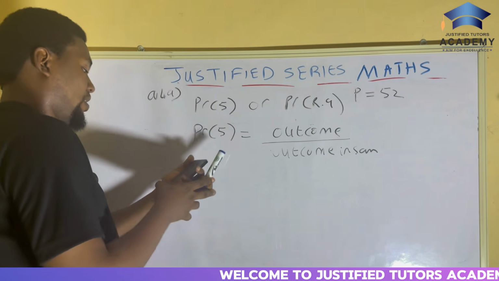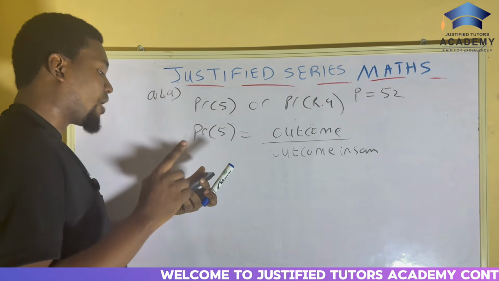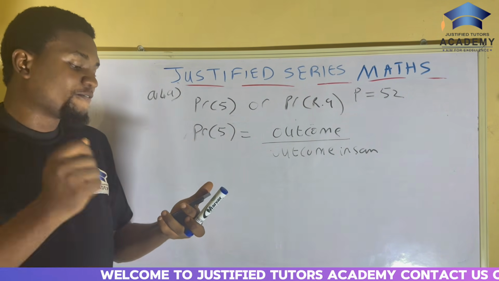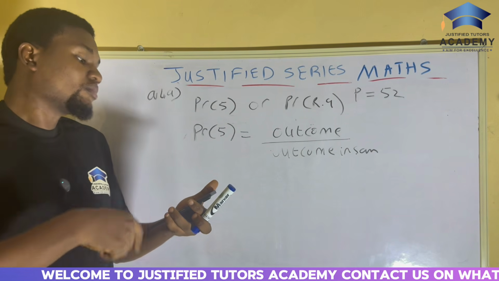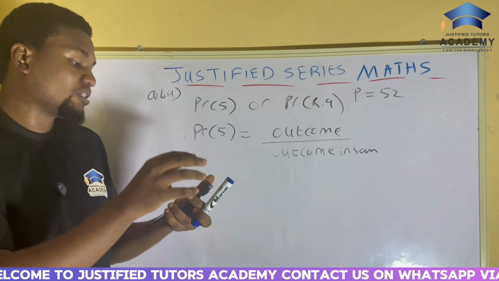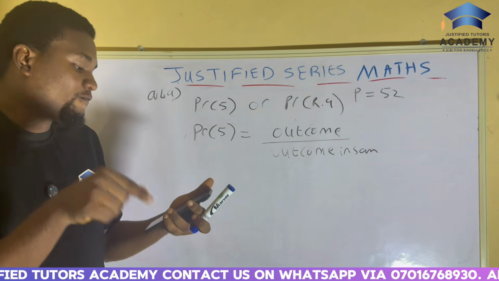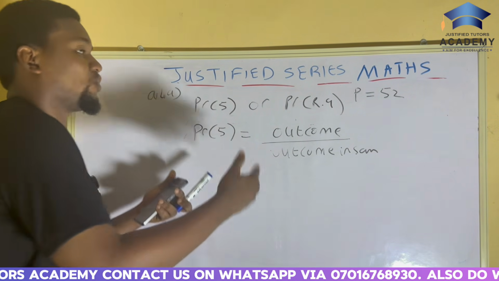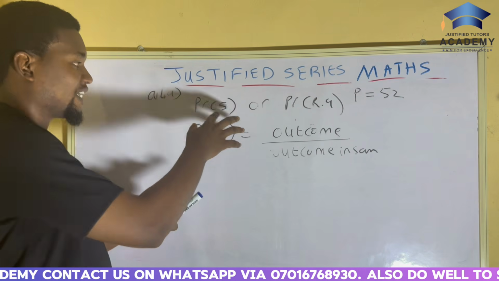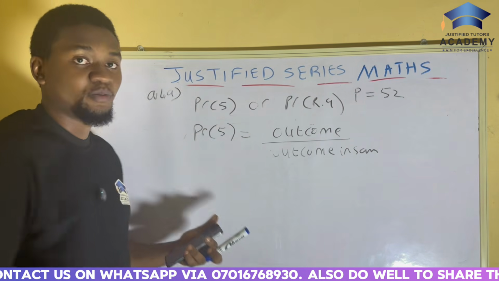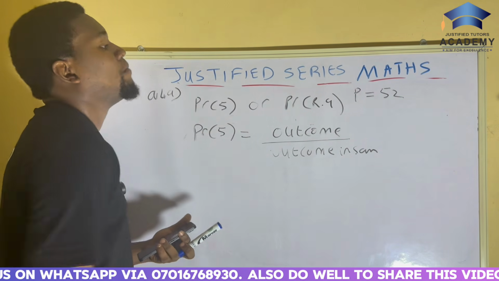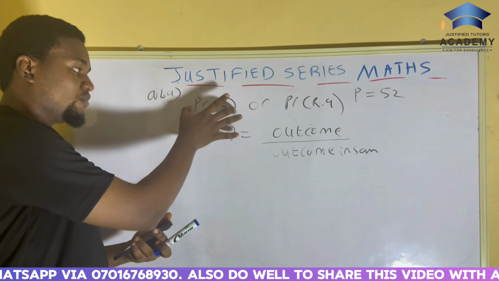Alright, so now let's go back to the question again. A pack of 52 playing cards. Calculate the probability that it is either a 5 or a red 9. To find the probability that it is either a 5 or a 9, the formula is this one plus this one. Simple. But how do we get the probability of each?